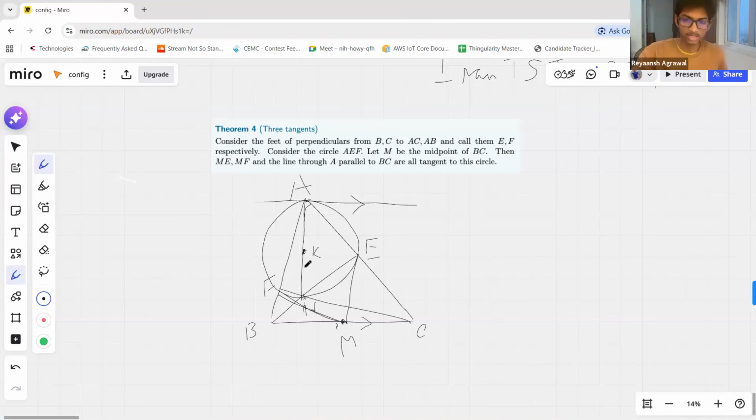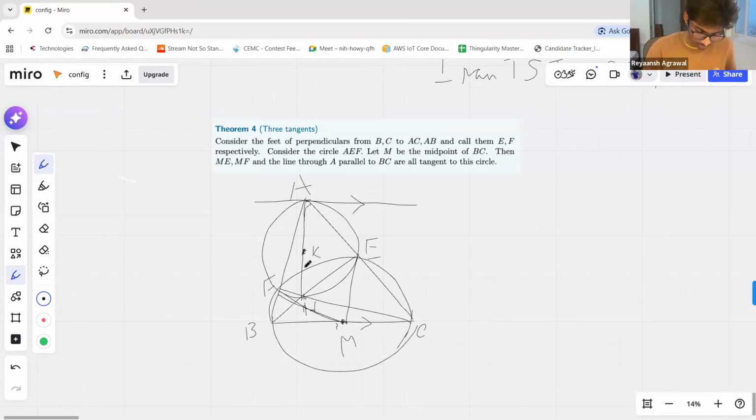Now, how do we show that ME is equal to MF? BFEC is cyclic. Yes, correct. So BC is the diameter, which implies M is the midpoint. Yes. So MF is equal to ME.